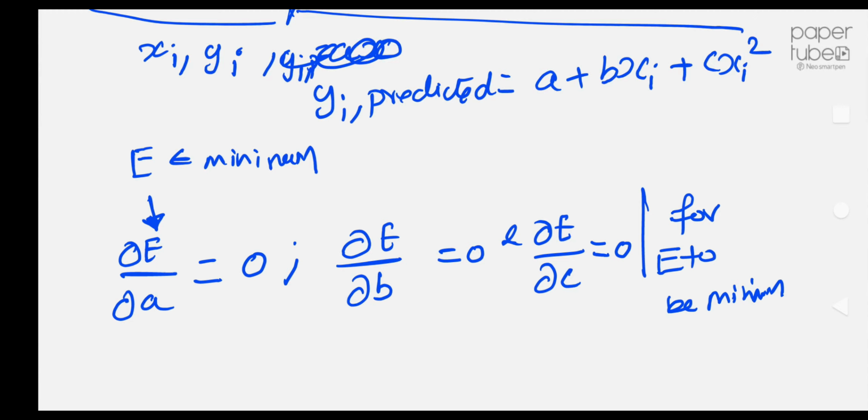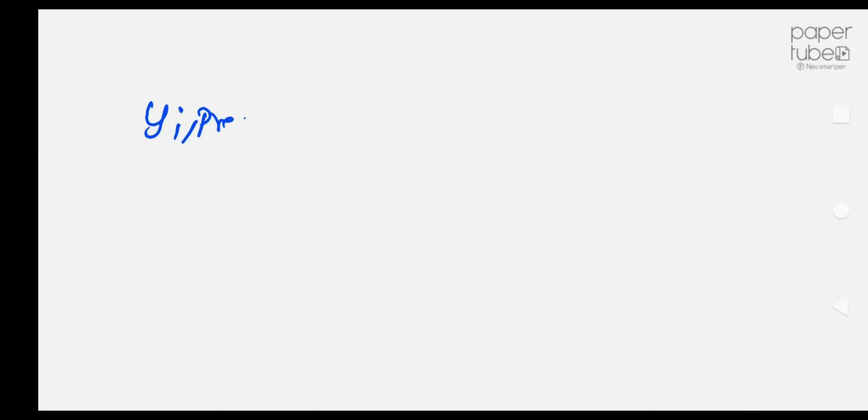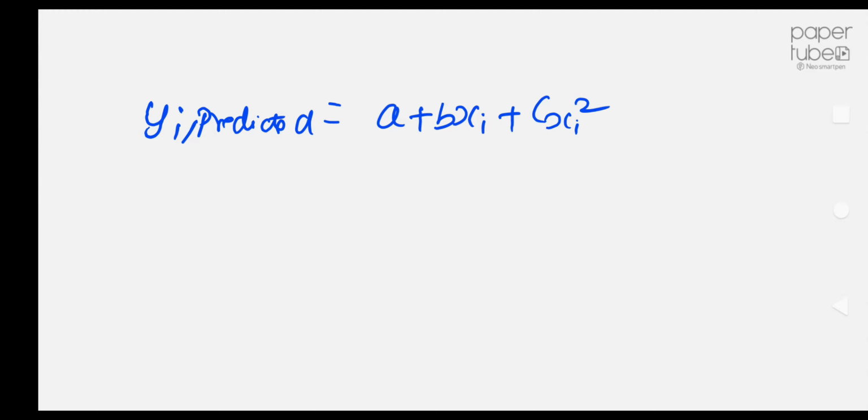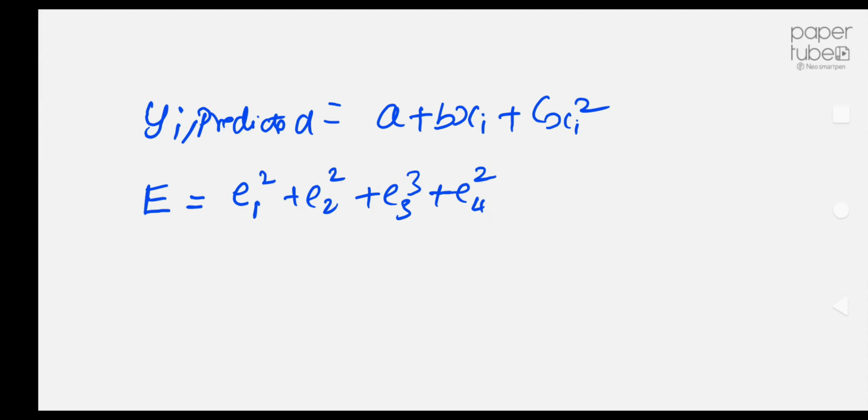So let's try to solve this equation. We have yi predicted equal to A plus b xi plus c xi squared, and then we can define something called error. Error is equal to, let's say, e1 square plus e2 square plus e3 square plus e4 square plus e5 square. So we have 5 different x values and we have to predict the y value, and we are trying to get the error between the experimental data and the predicted data. So what is e1?